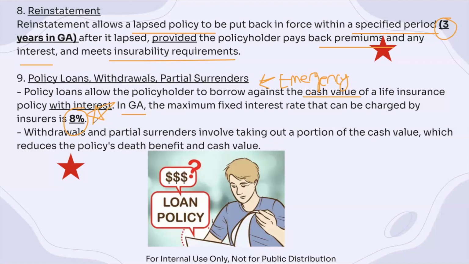So if you're not paying it back, then your death benefit would decrease. That's important. Although the cash value is a living benefit, it's still expected to be paid back. So if you withdraw it, or partially surrender your policy, then your death benefit will be decreased.